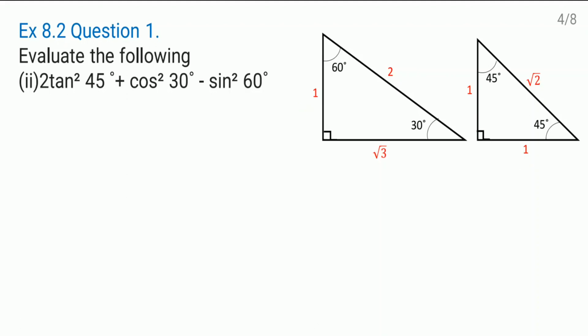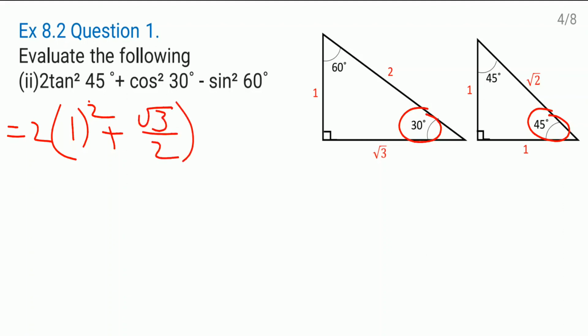Okay. So here what they said, 2 times tan 45. See here tan 45 opposite by adjacent side. So it is 1. So I will write down 1 square plus cos square 30. So cos 30 I have to say. Cos 30 is root 3 by 2. So here root 3 by 2 in the bracket square minus sine square 60. So sine 60.